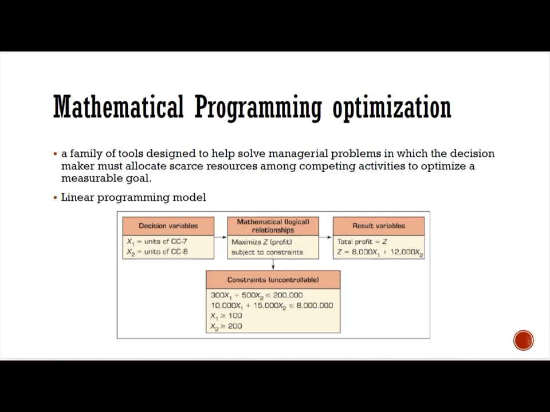Relationships among the variables are linear. It is used extensively in the DSS model.